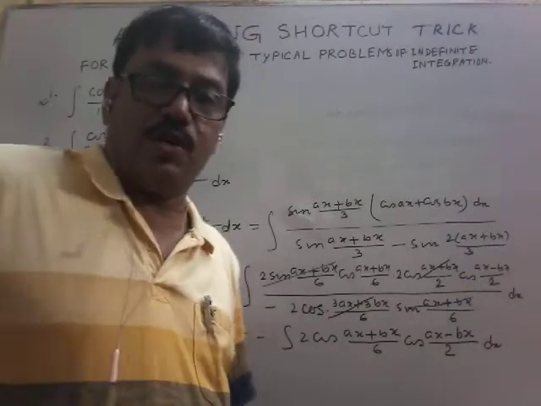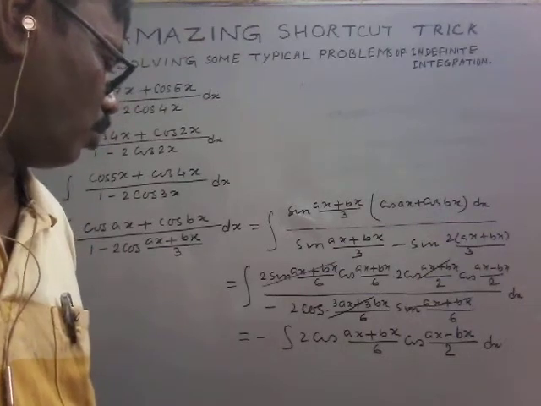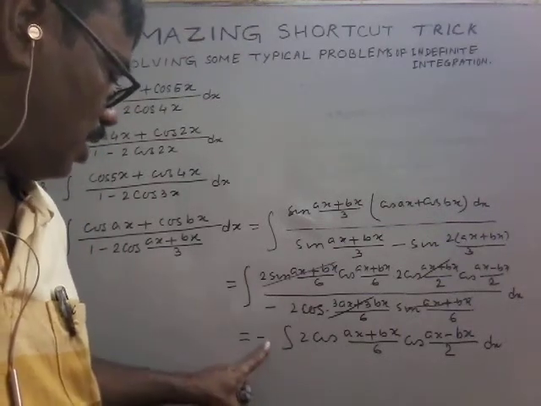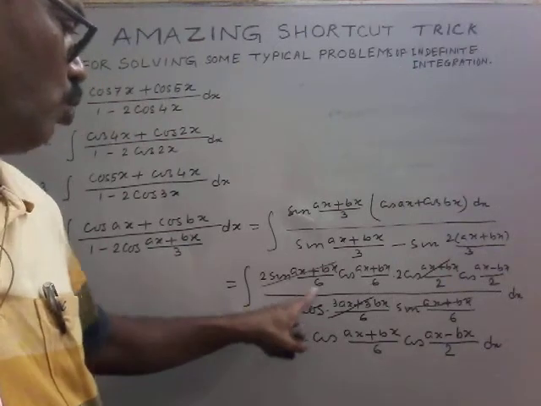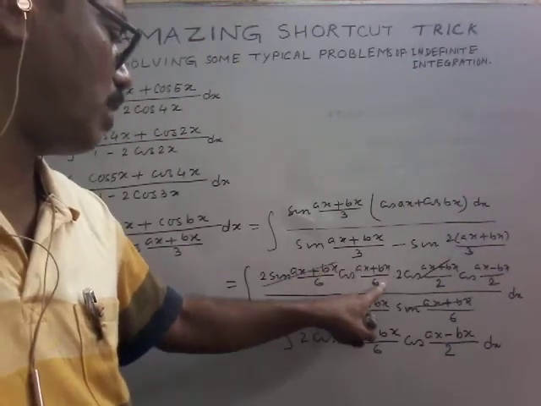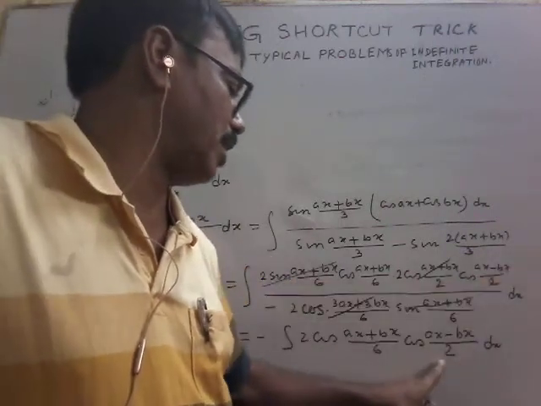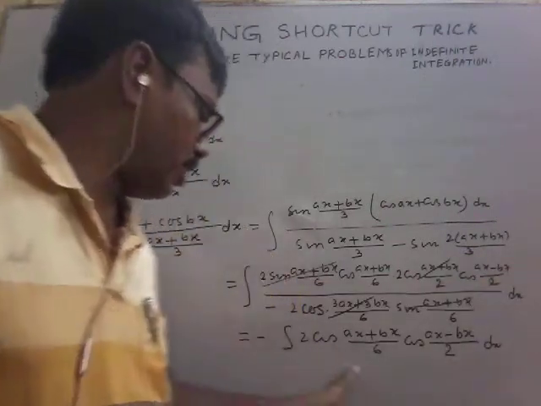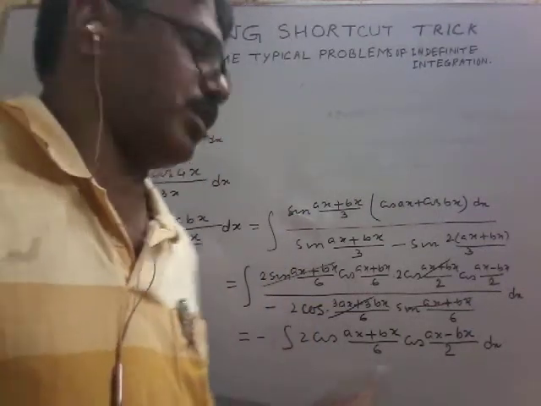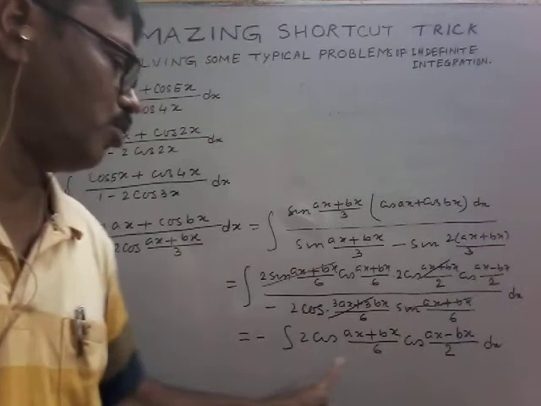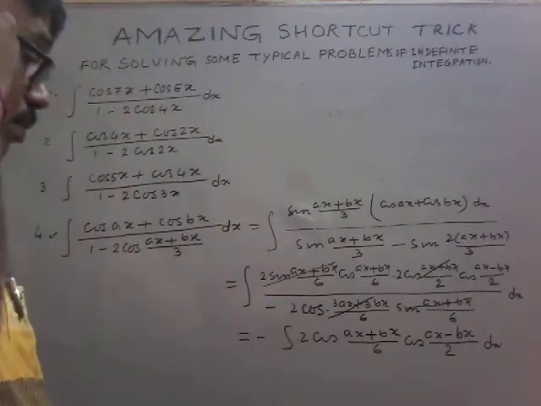Now in the denominator, all the terms are cancelling out. So we are left with minus 2 outside, 2 cos((ax + bx)/6) and cos((ax - bx)/2). So this is our final result. Now we use 2 cos a cos b to get the result. So how to remember?